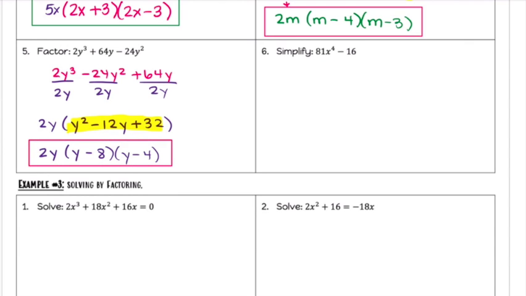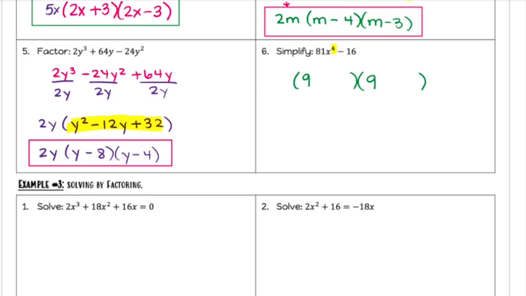All right, last one. We have 81x to the 4th minus 16. So here we do have a difference of perfect squares. Anytime you have a higher exponent and it's even, that means that you can factor this. So I'm going to break 81 up as 9 and 9.